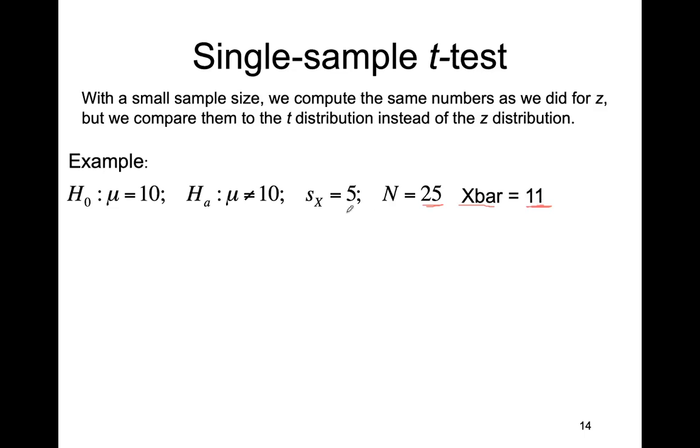And I have my data from previous knowledge, and my hypothesis becomes like that. The mean is equal to 10. This is my null hypothesis. My alternative hypothesis is that my mean is not equal to 10.